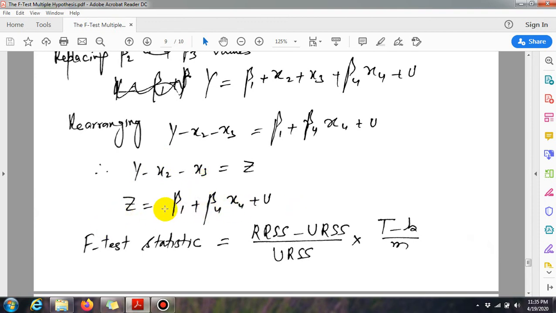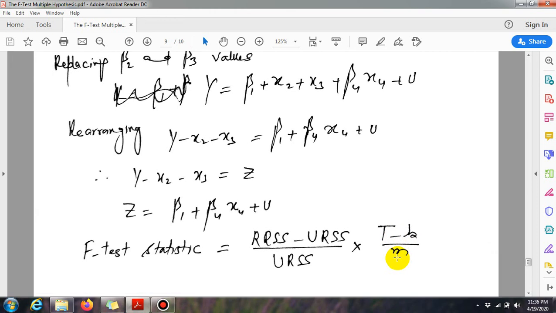From this you have to calculate the F statistic, that is, restricted residual sum of squares minus unrestricted residual sum of squares, divided by unrestricted residual sum of squares, multiplied by T minus k divided by m.